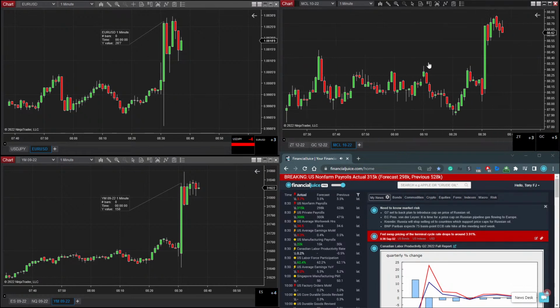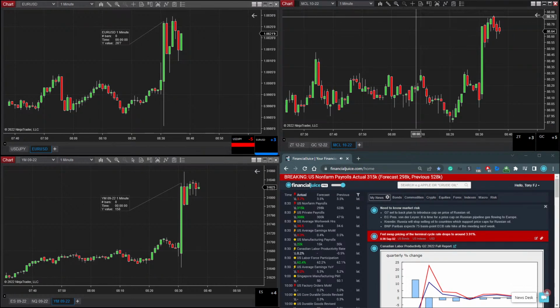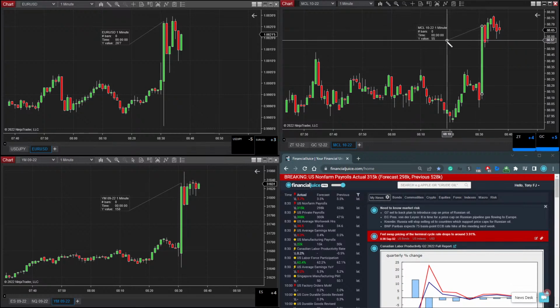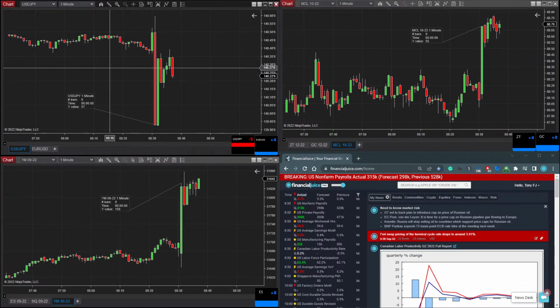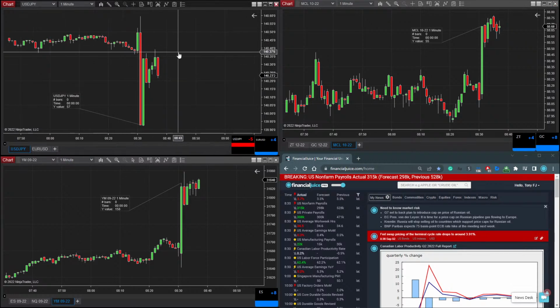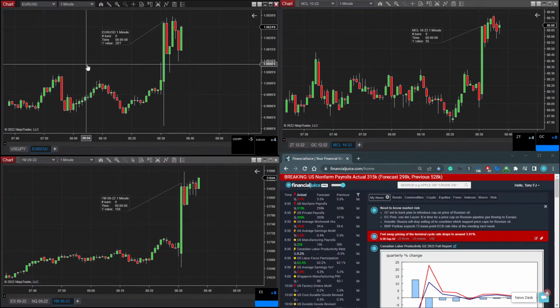Could also get some prior revisions as well for non-farm. Okay, let's see what we get here. There we go. There's about 55 ticks up, or 55 cents. Dollar yen, not having any fun.